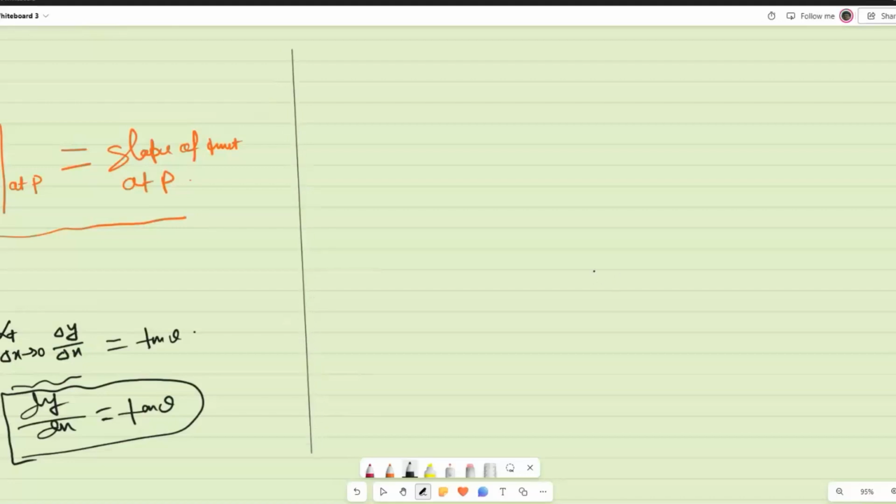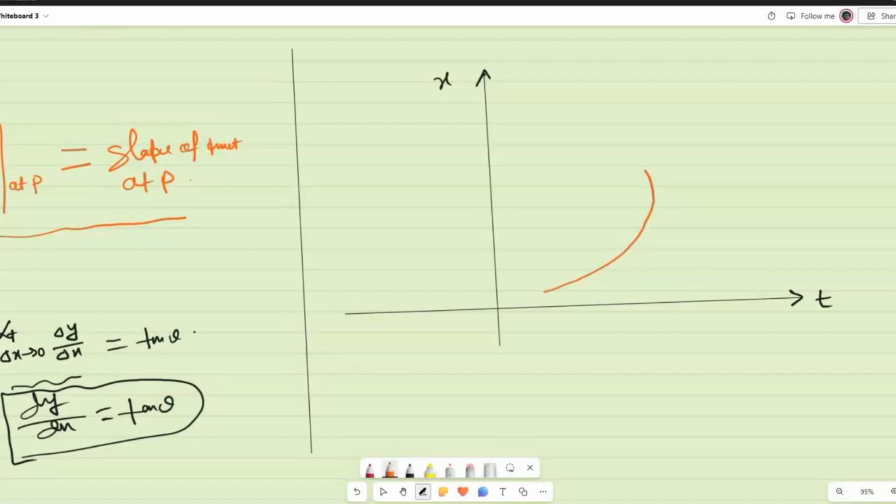When we say average velocity, the particle is going in a curve. Obviously this will not be y in terms of x. Instead, displacement will be in terms of time. So we'll be drawing an x versus t graph. Now in this x versus t graph, suppose we plot a curve like this, and the particle goes from this point to this point, A to B, along this curve where x is a function of t.